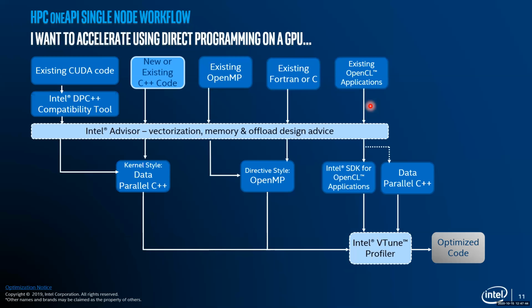Existing Fortran code can use a directive style based on OpenMP, and existing C++ code can choose either of these options. Existing OpenCL applications can either remain in the OpenCL language or migrate to data parallel C++.